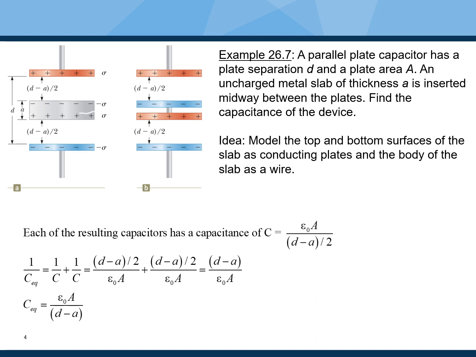So imagine that I white out this portion of the metallic slab, and from the other side I will also white out some portion of the metallic slab. Now that I've whited out those portions, it is easy to see that this metallic slab with the little portions carved out is essentially looking like a simple conducting plate out here, and a simple conducting plate out here with a conducting wire connecting them.